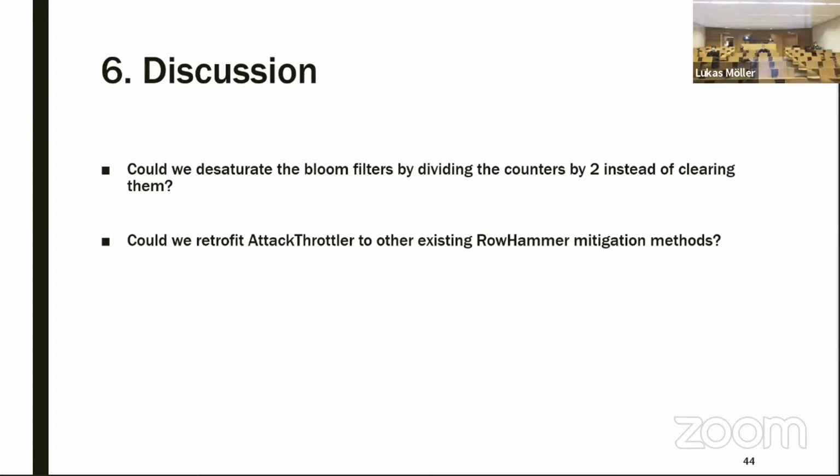For any kind of mitigation where we keep track of which rows we suspect to be RowHammer attacker rows, we could count accesses to those and do the same thing, right? So given we have that, it should be possible. That might not be all of the mitigations, but some of the other mitigation techniques also keep track of row activations in other manners than RowBlocker does.